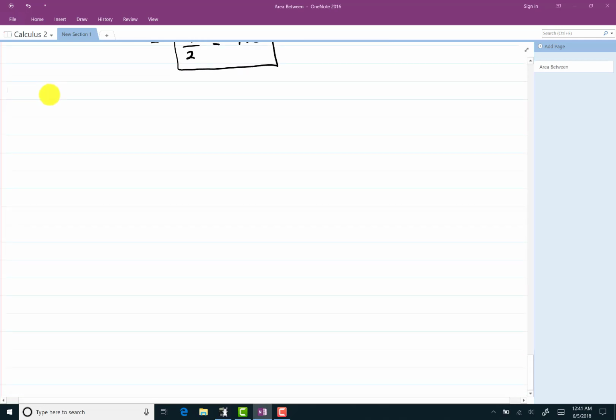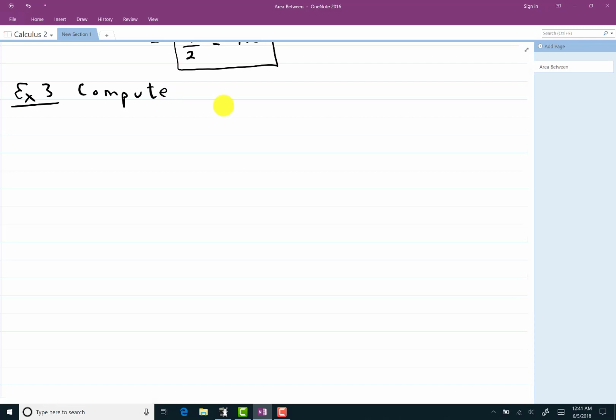For the last example, it may seem like the rug is being pulled out from under you here, but it's just because we want to have a handle on more complicated regions than what we've been doing previously.